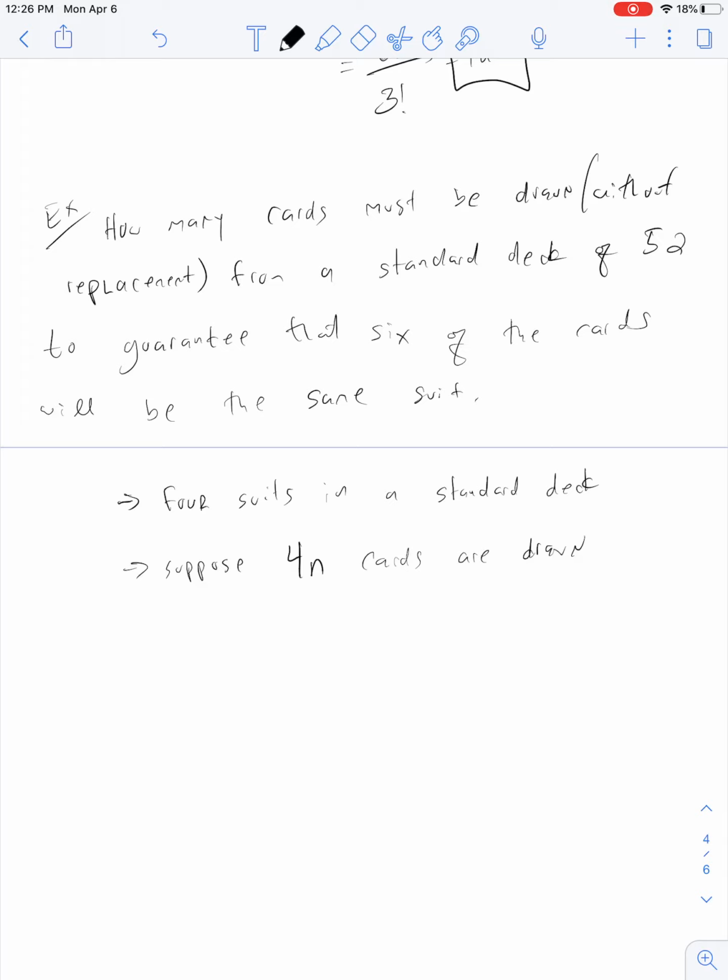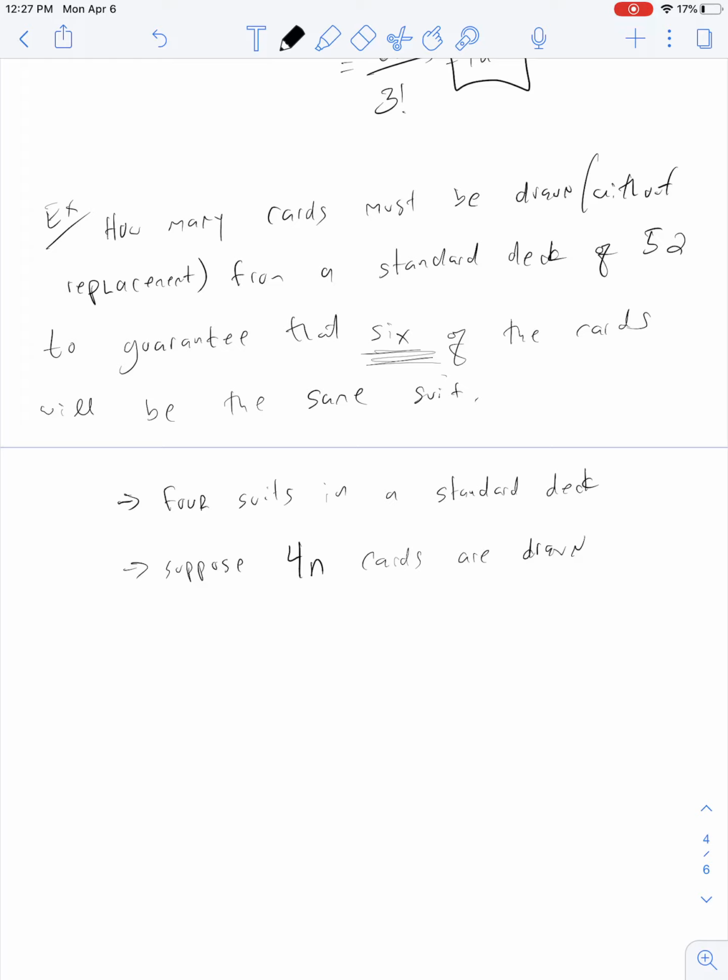We want to suppose that 4 times n cards are drawn. So, we're looking for 6 cards here.